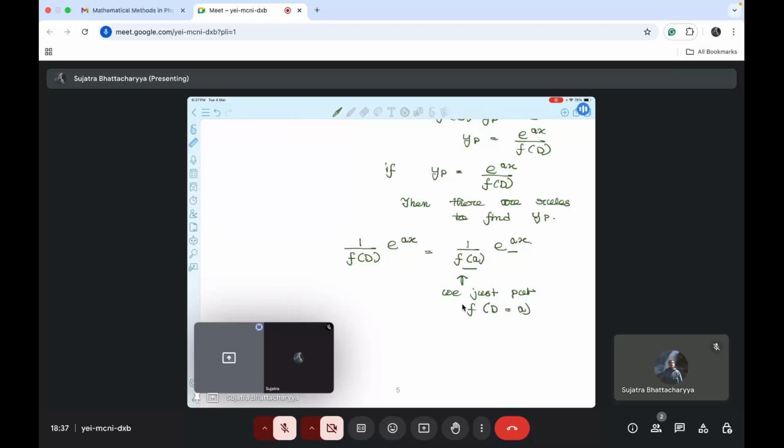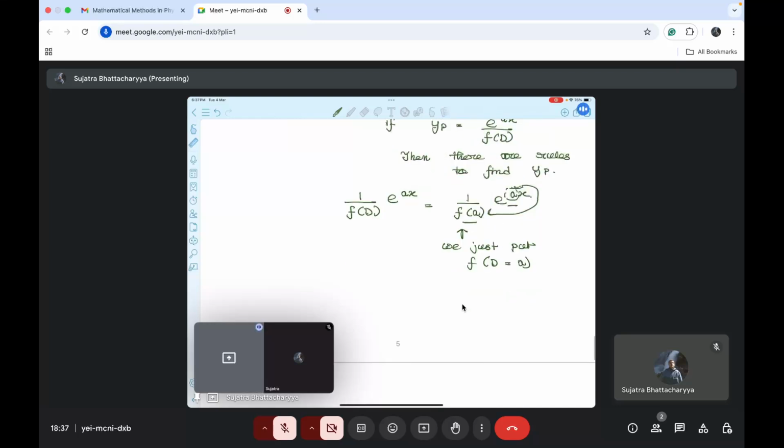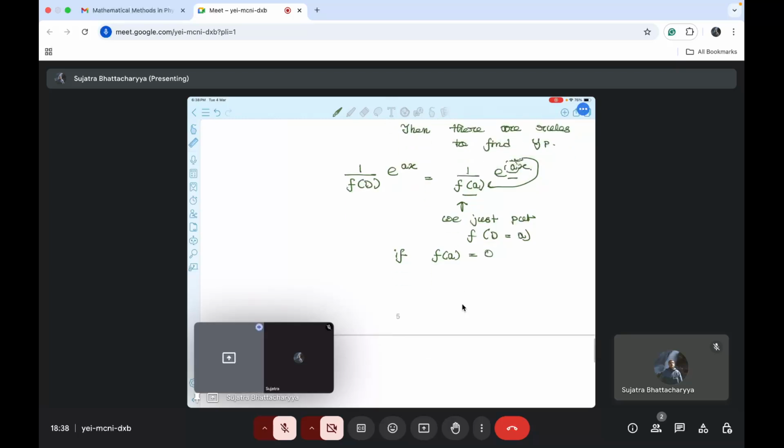Where are we getting a from? a is here in e to the power ax; I will put it here and then see what the result is. Now, in this case, what will happen if f of a is equal to 0? If it is 0, then it goes to infinity. We don't want an infinite solution, right? We need a convergent solution.